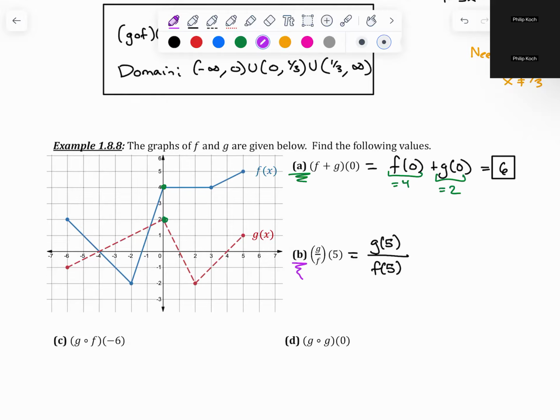The difference would be, yes, the difference in the heights of the two. Yes, that's a very good way to view it. And this one is just taking the quotient of the two functions. And so g of 5 is 1, and f of 5 is 5. So this is equal to 1/5.